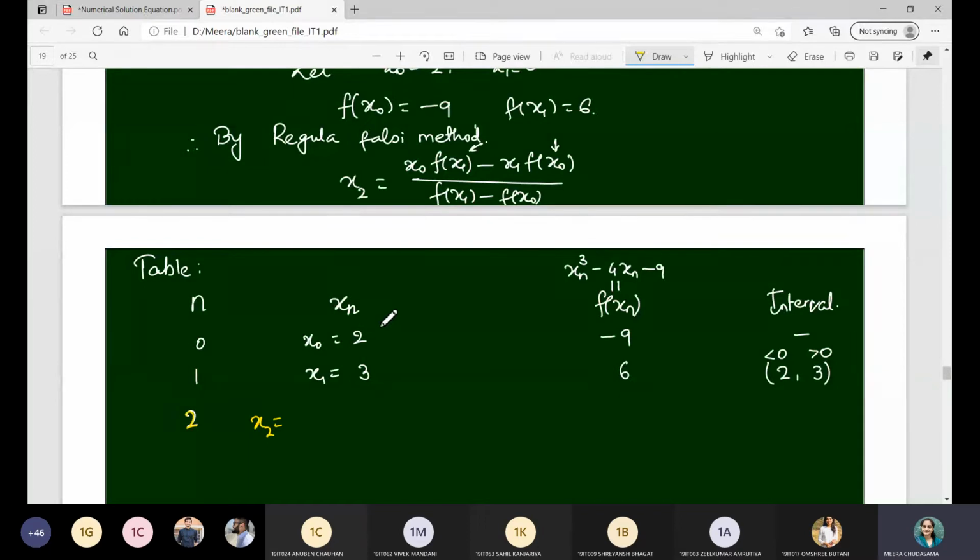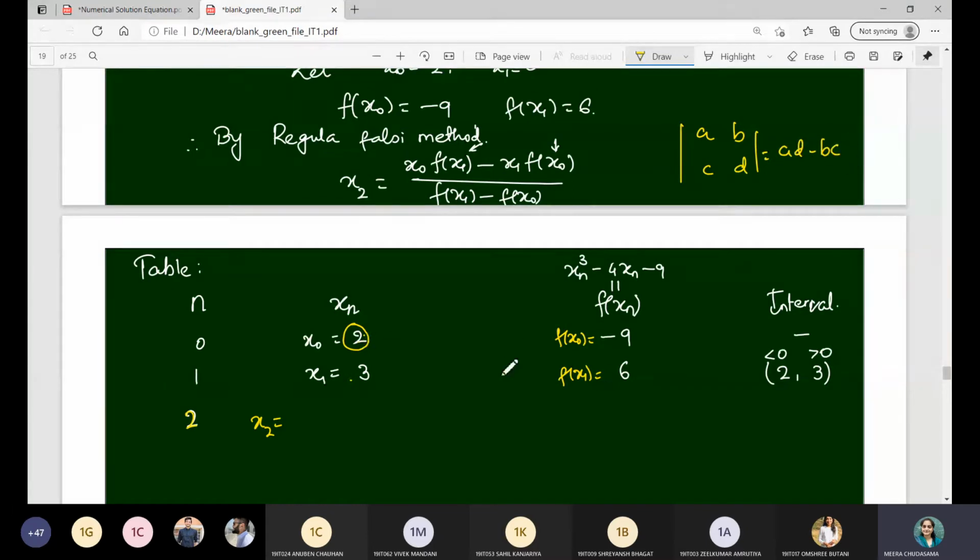So if you see the formula, x0 into f of x1, that is this one into f, this is f of x0 and this is f of x1. So if you see this into this minus this into this, so it is exactly same as the determinant of 2 cross 2 matrix, that it is AD minus BC, right?